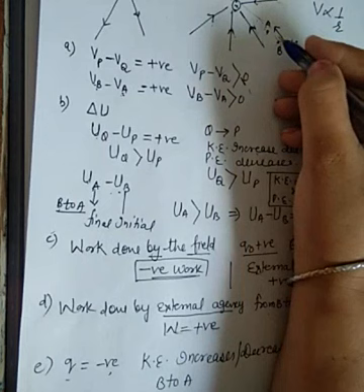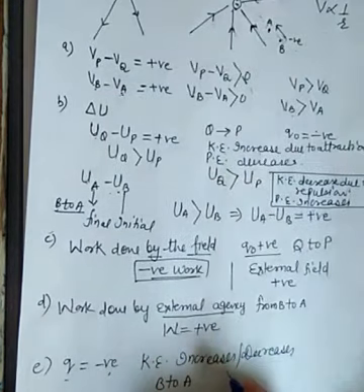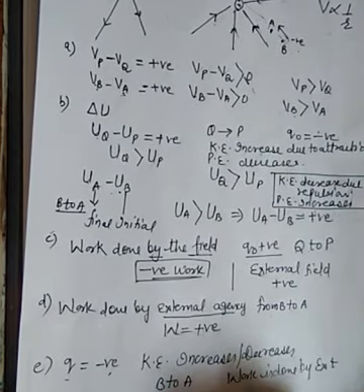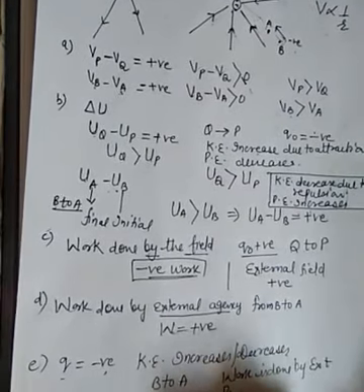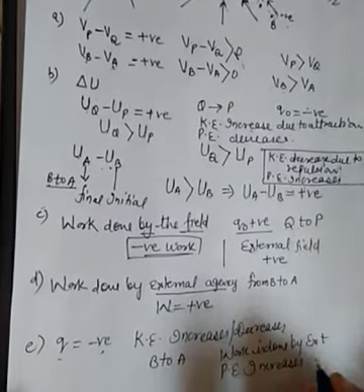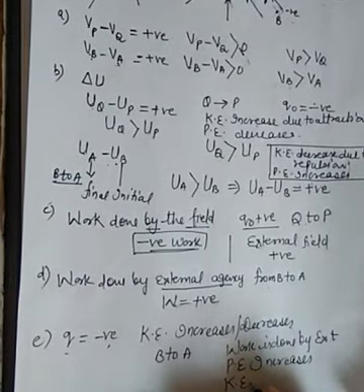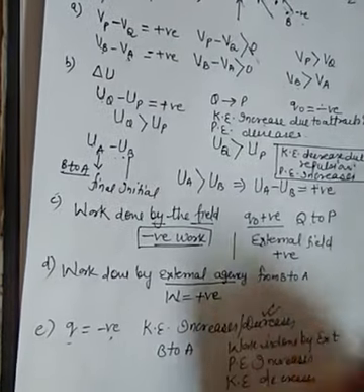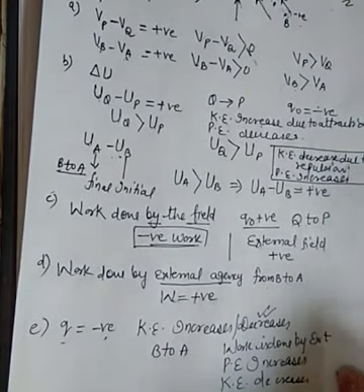When there is repulsion, we have to do work. Work is done by the external agent. The work done is stored in the form of potential energy, so potential energy increases. When potential energy increases, kinetic energy decreases. So the result is a decrease in kinetic energy.